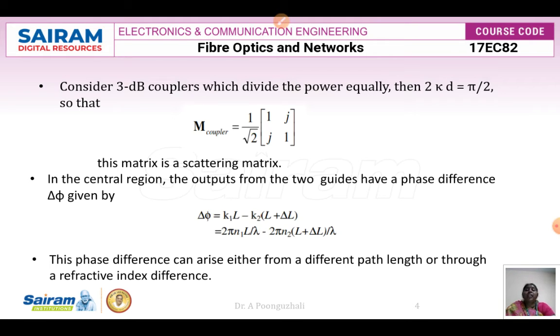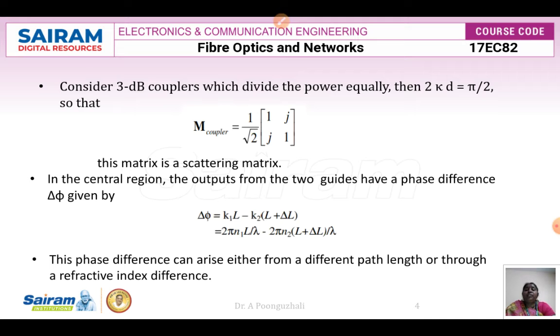We know K is 2 pi n1 by lambda. Substituting, K1 is 2 pi n1 by lambda times L, minus K2, which is 2 pi n2 by lambda times (L plus del L). When I subtract, we get the value minus 2 pi n2 del L by lambda.